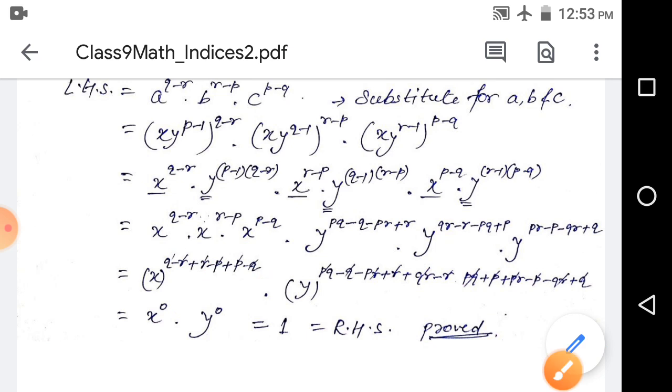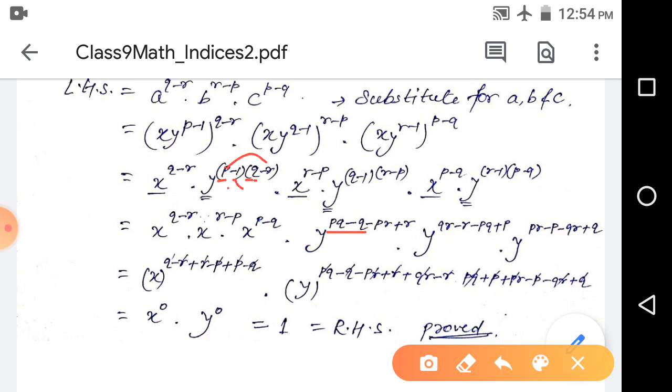Now see for y, the powers of y are first multiplied together, like here we have y to the power p minus 1 into q minus r. When those are multiplied, carefully, it is pq minus 1 into q, it is minus q, so pq minus q, then multiplied with r, it is pr minus, and minus r is plus r, so pq minus q minus pr plus r.